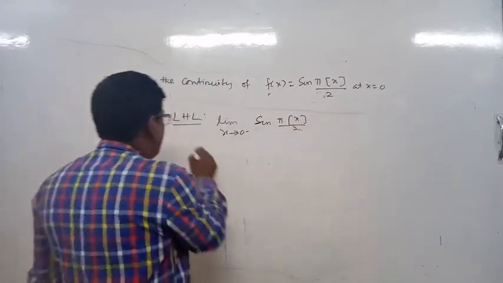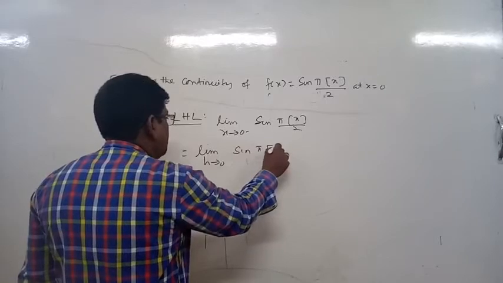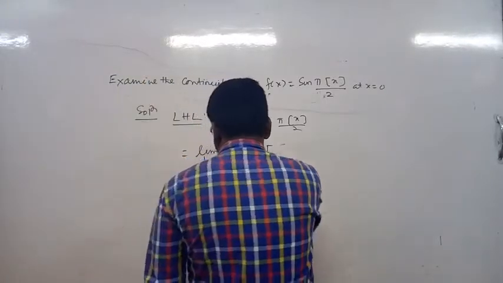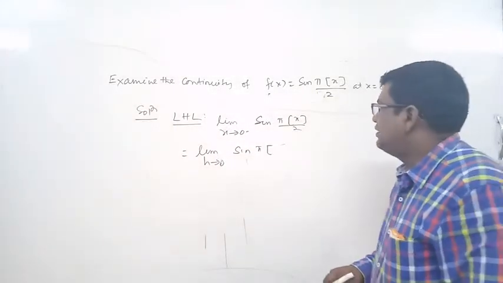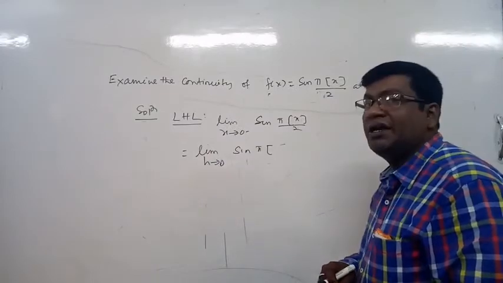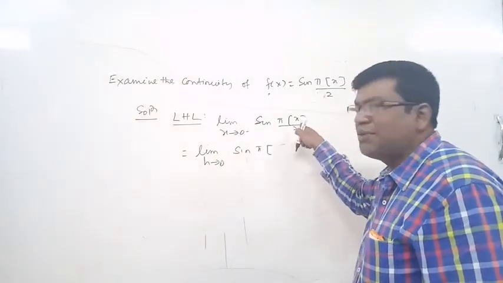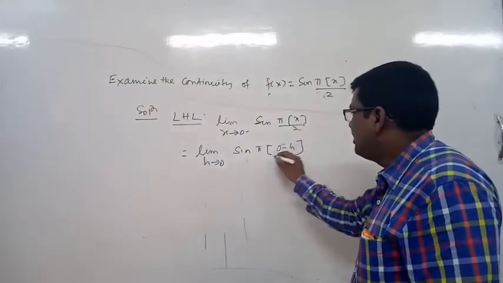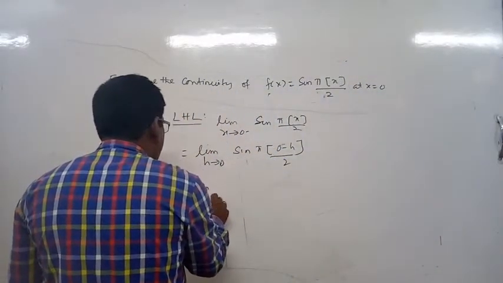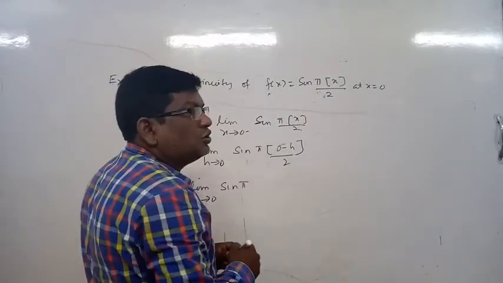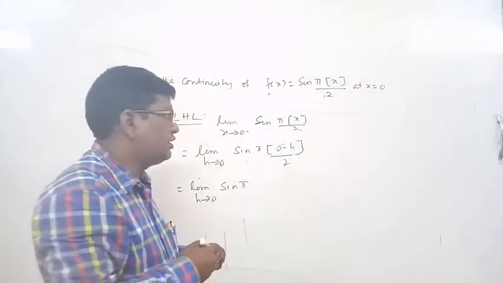If x tends to 0, then replace x with a minus x. What is a here? Here a is equal to 0, so in place of x write 0 minus x by 2, that is equal to limit x tends to 0 of sin pi into bracket 0 minus a very small positive quantity by 2.